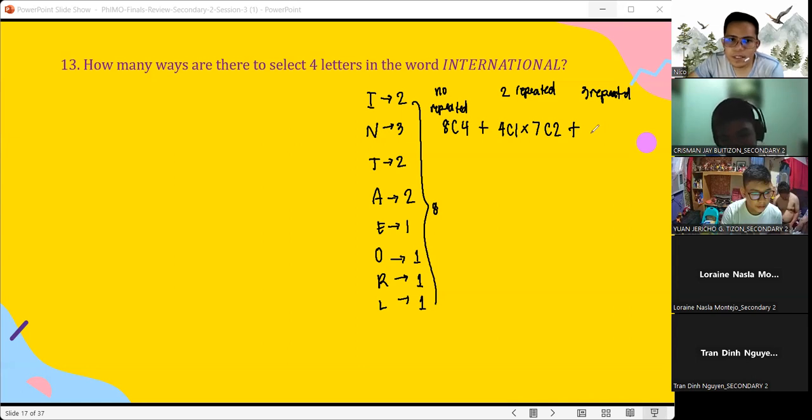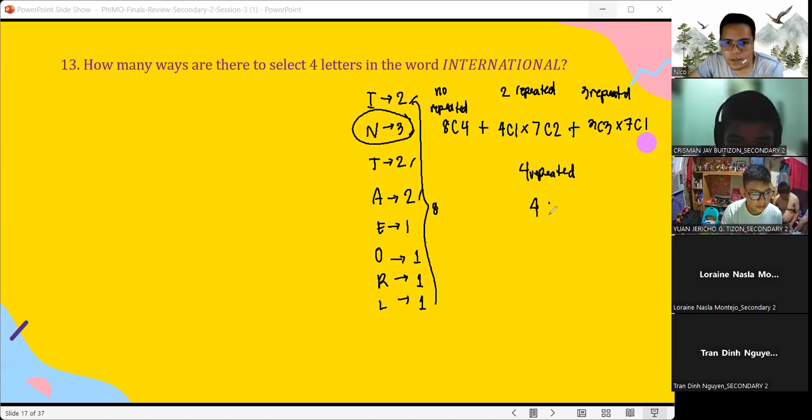So if it's 3 repeated, that would be 3C3, and then out of 7, you only choose one na lang, right? Correct? And then if it's 4 repeated, that would be 1, 2, 3, 4. That's 4, choose 2. Oh, that one.